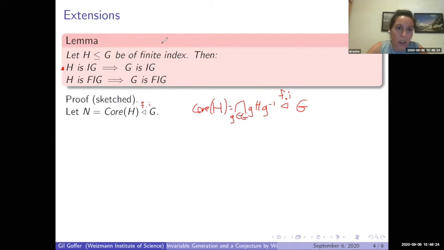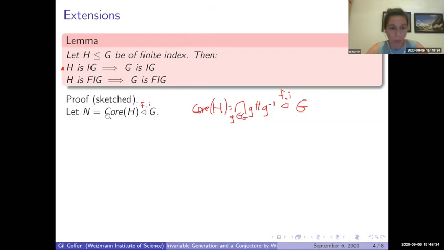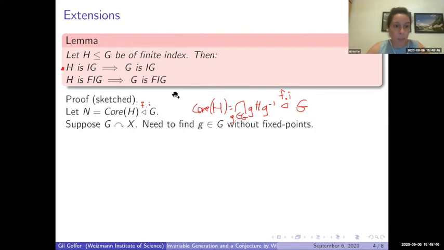And now we are going to observe: we don't know that N itself is IG, but we do know that G mod N is IG, because N is finite index and so G mod N is a finite group. So we're going to show that G is invariably generated using the third definition, the dynamical definition.